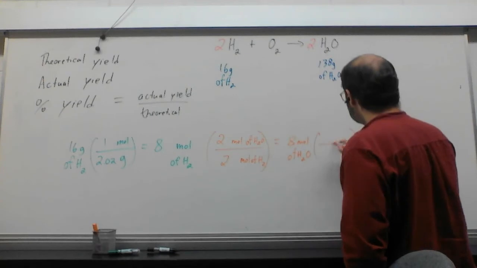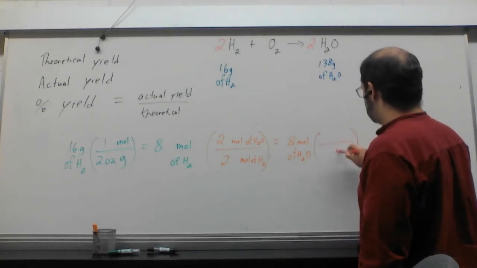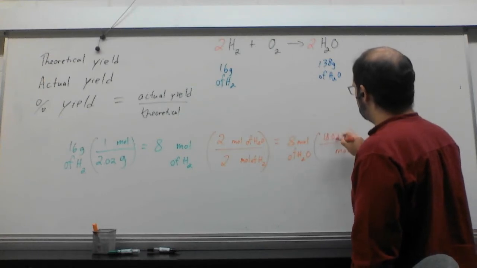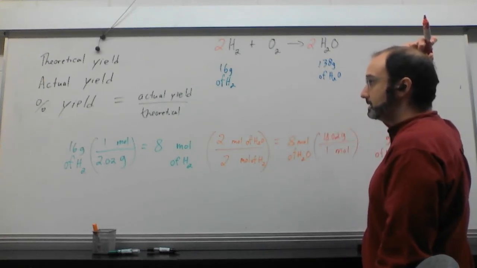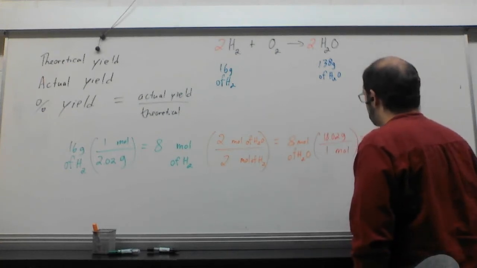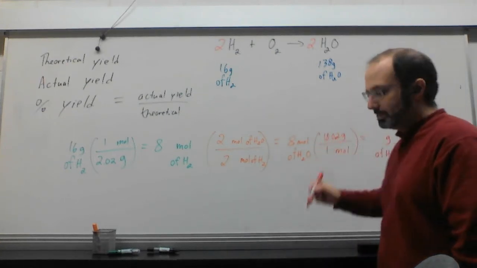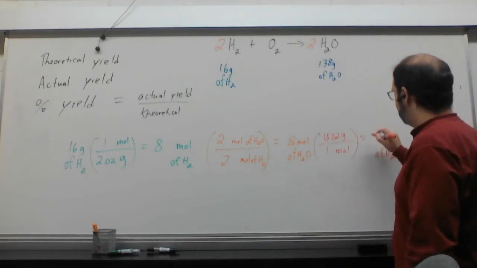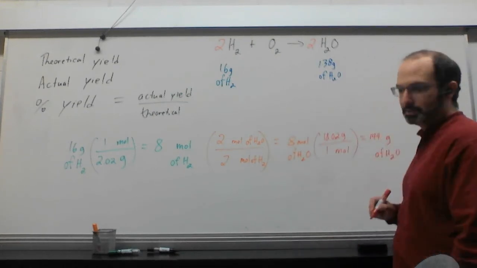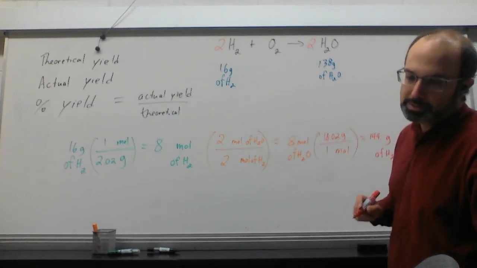So here we go. We're going to get moles, and we want grams on the top. Now, this is water, so we know that one's 18.02, he says, and then quickly checks in his mind. Let's see, 16, 17, 18. Yes, good. Whew. Oh, that would have been bad. So 8 times 18, and what we're going to get is 144.16.